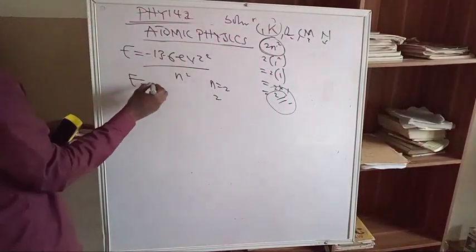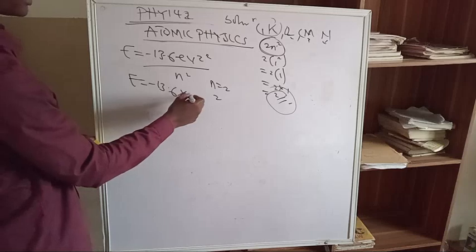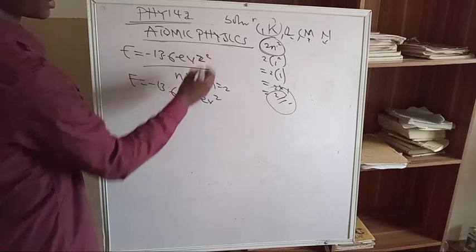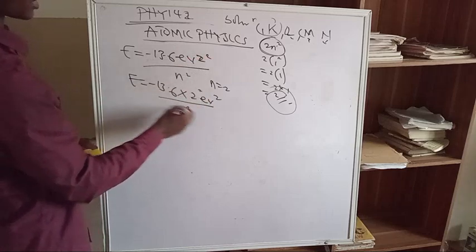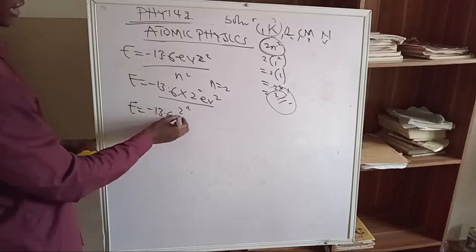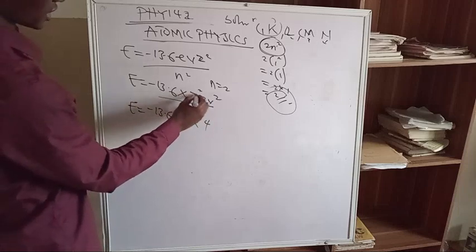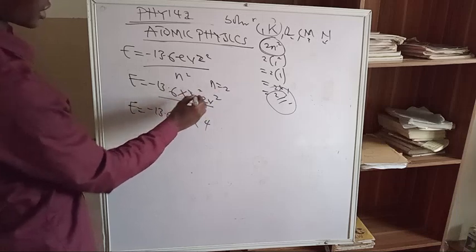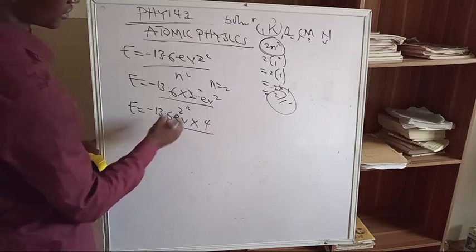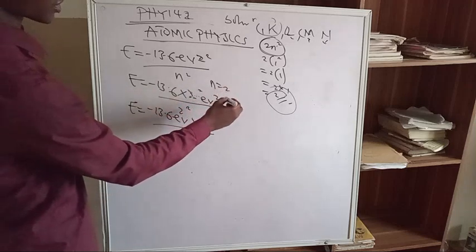So you have E is equal to minus 13.6 multiplied by Z squared, which is 2 squared, eV, divided by n squared, that is under 2 squared.